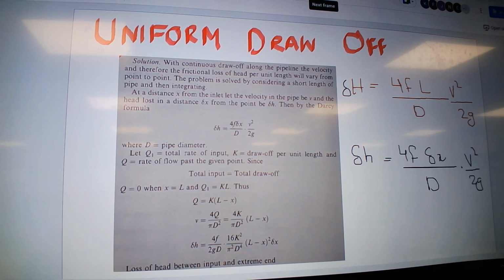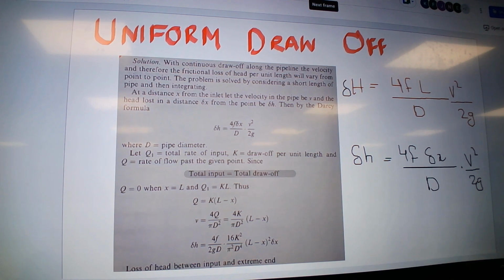Let's assume that k is the draw off per unit length, Q is the flow rate past the given point, and Q1 is the total rate of input. So according to the law, we can straight away say the total input equals total draw off.